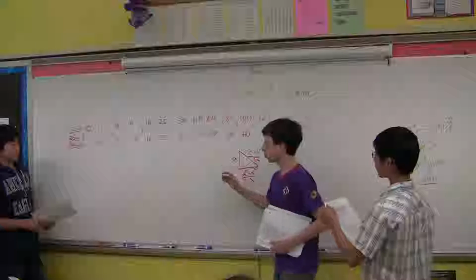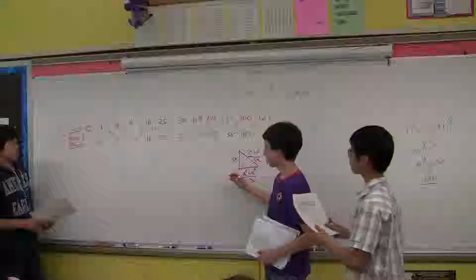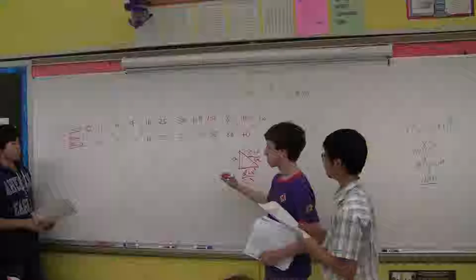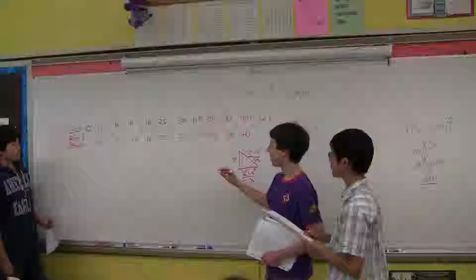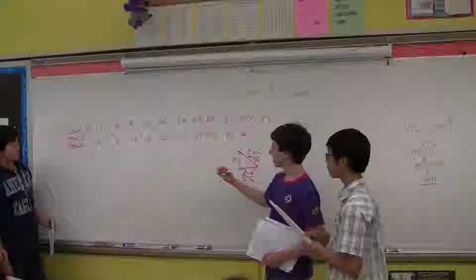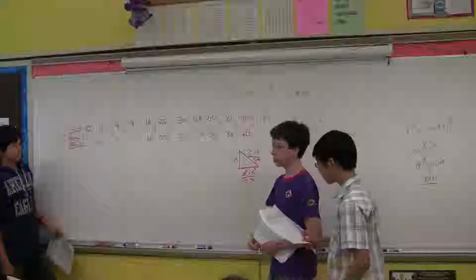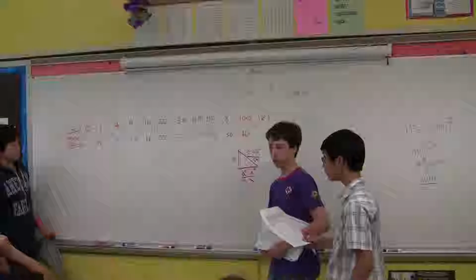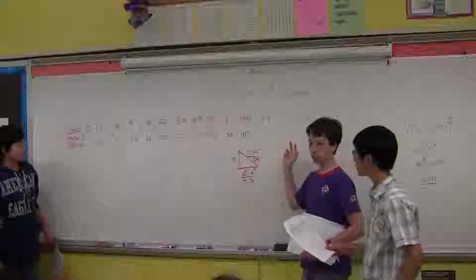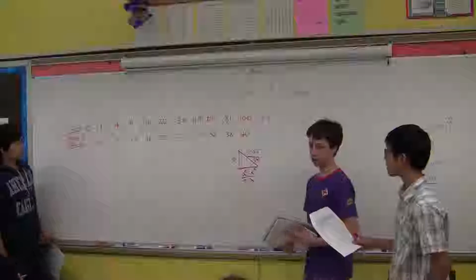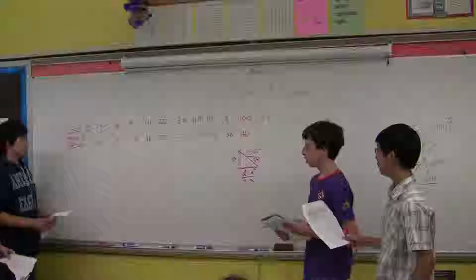Okay, so in row 1 you have all the odd numbers except for 1, but you have all the odd counting numbers, right? Because you're just adding 2.